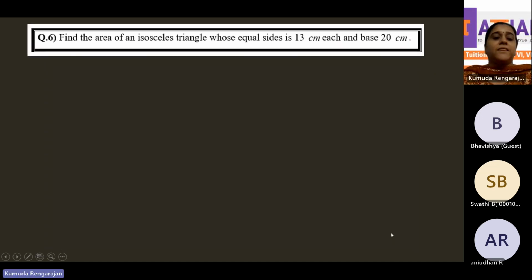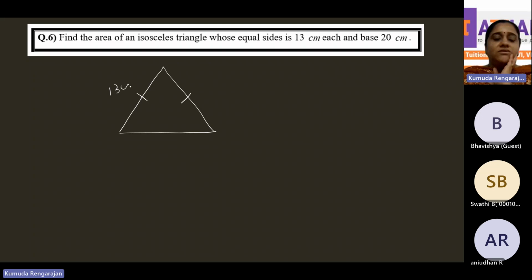Look at this one. Find the area of an isosceles triangle whose equal sides are 13 centimeters and base 20 centimeters.